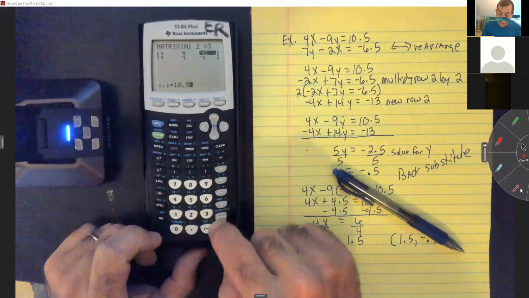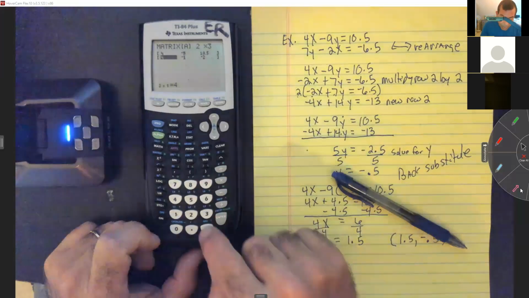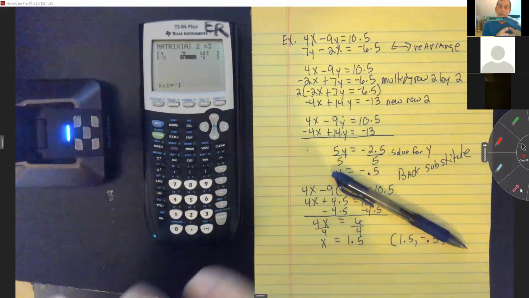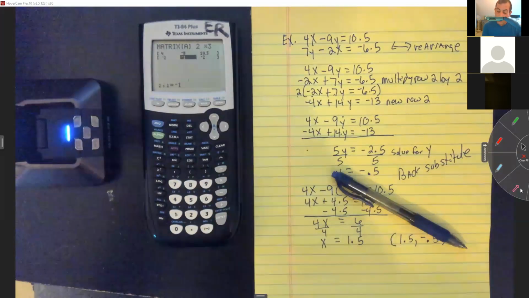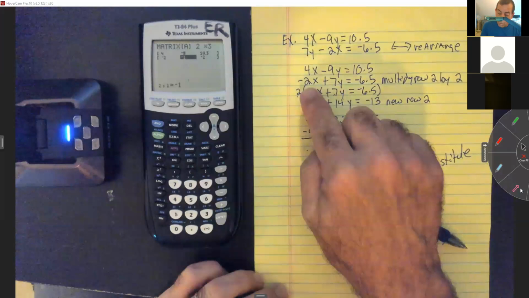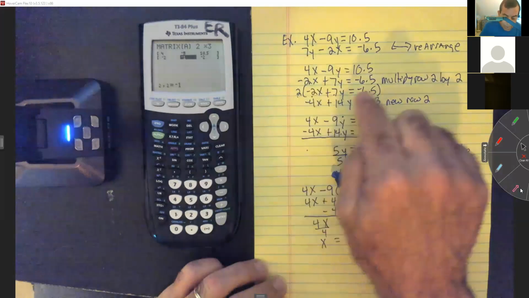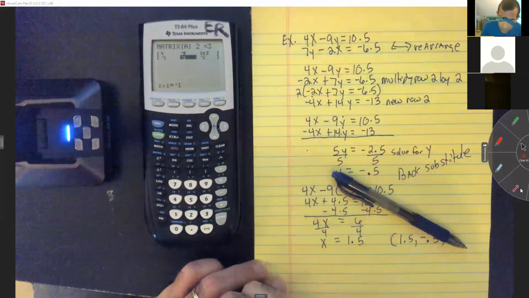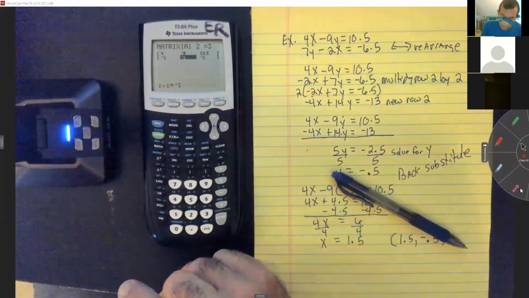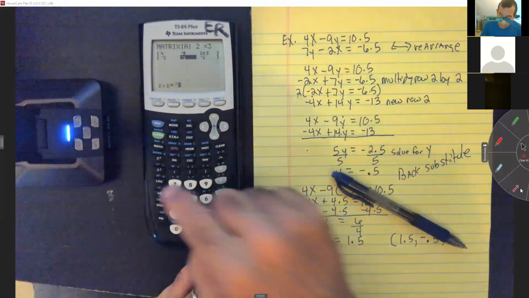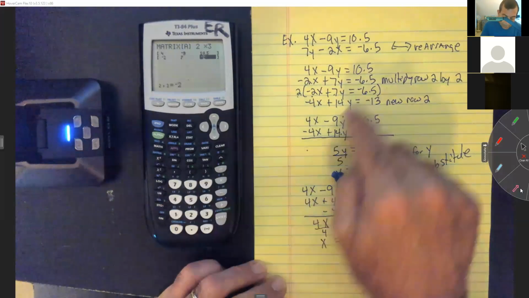Next row I had a negative 2. Remember, you got to do it with the switched rows, not the original. You got to have the x's and then the y's and then the number. All right, then I had what, a 14. No, that was a 7y, so hit enter. And then a negative 6.5.